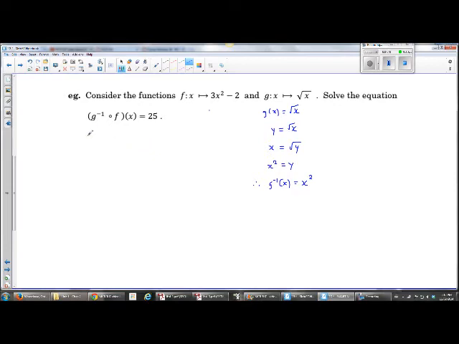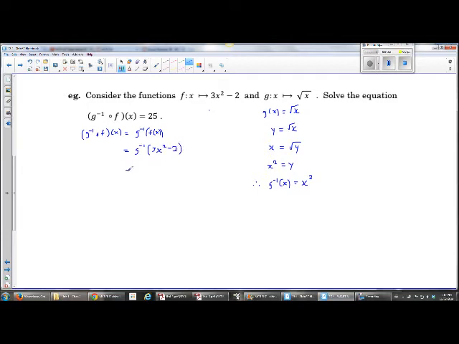So I'll look at the left side first. g inverse composite f of x is the same as g inverse of f of x. And so I know g inverse is x squared. f of x is 3x squared minus 2. So I'm going to substitute 3x squared minus 2 in for f of x.